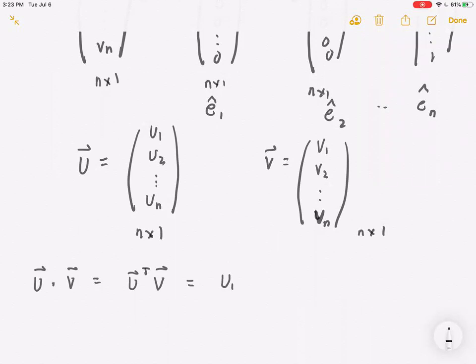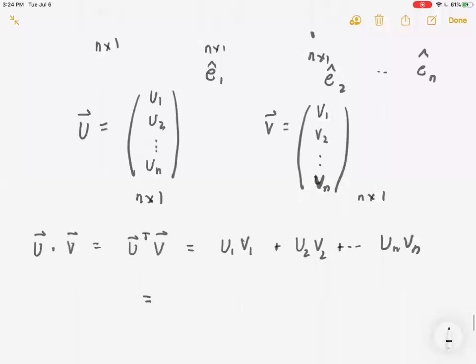If I take the transpose of u, it turns from an n by 1 matrix to a 1 by n matrix. So I get u1 times v1 plus u2 times v2, all the way up to u sub n times v sub n. So what I just said was so useful that it's important to write it down.